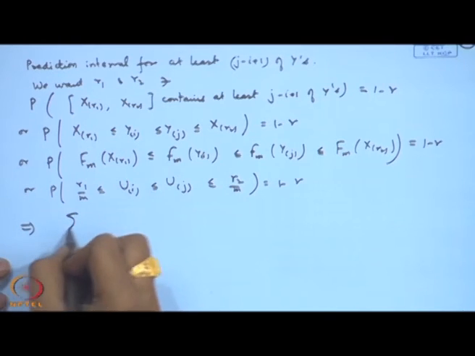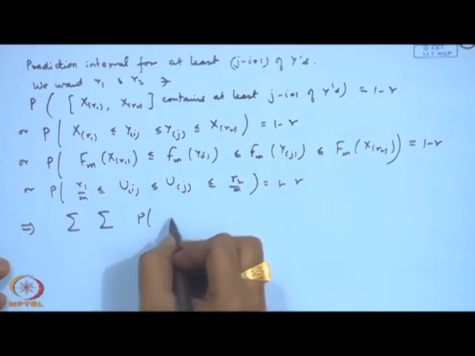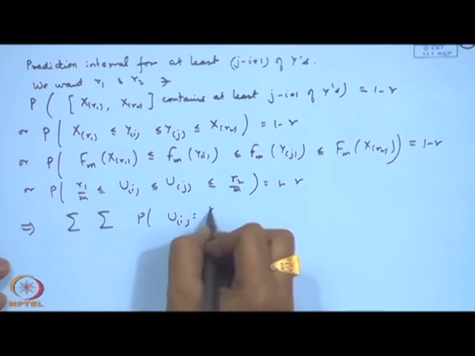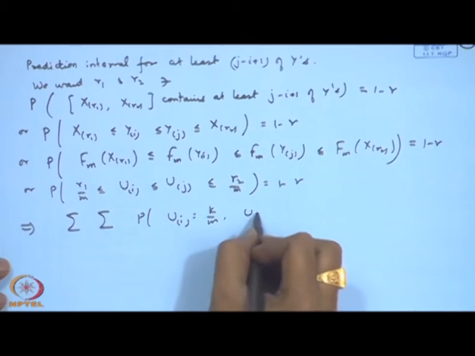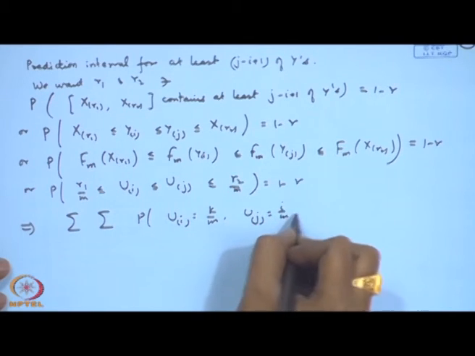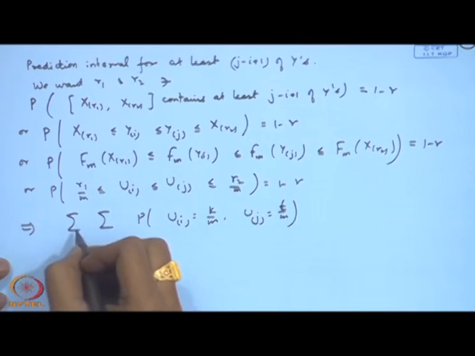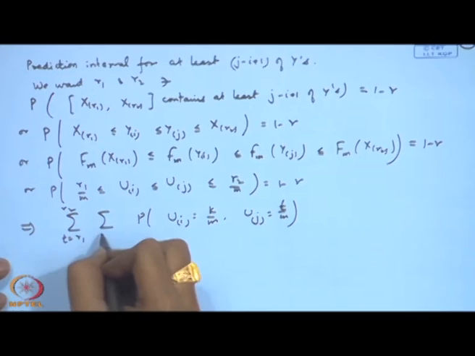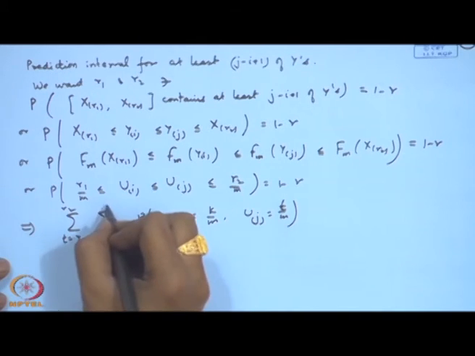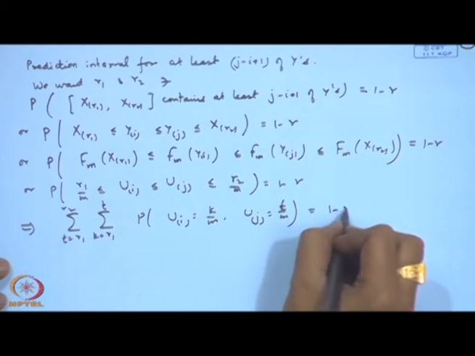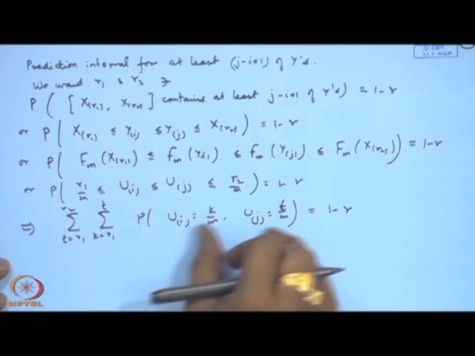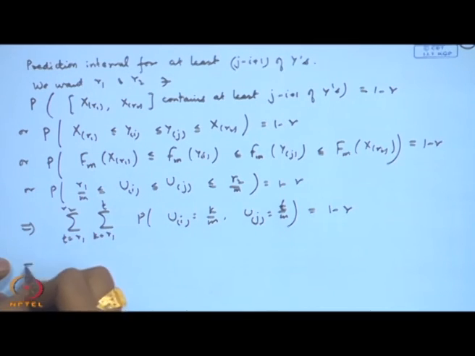So, we can consider it as a double summation: probability of ui equal to some k by m and uj equal to some t by m, where t is equal to say r1 to r2 and k is equal to r1 to t, that is equal to 1 minus gamma. The joint distribution of ui and uj has been obtained.